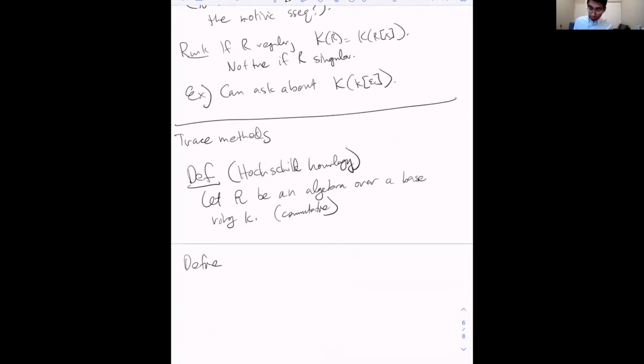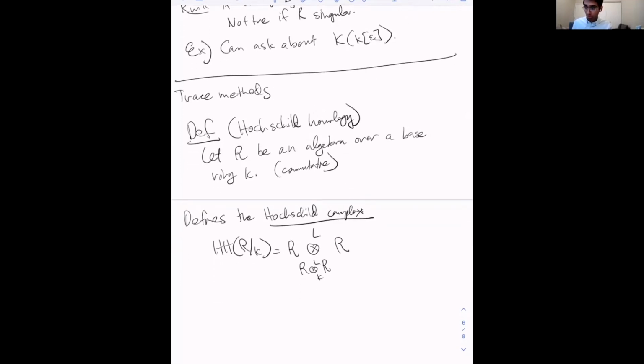One defines the Hochschild complex HH(R/K) to be the derived tensor product of R with itself over the derived tensor product of R with itself over K. So first tensor R with itself over the base K, then consider R as a module over that, and tensor R with itself.